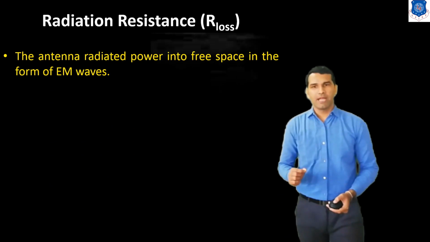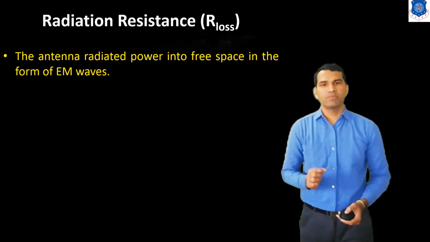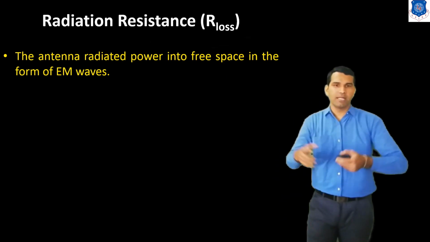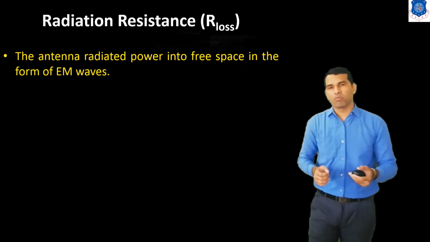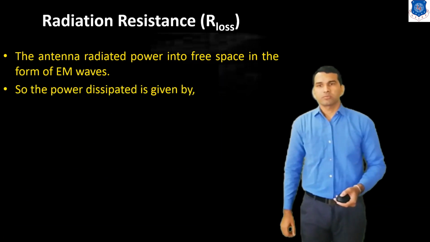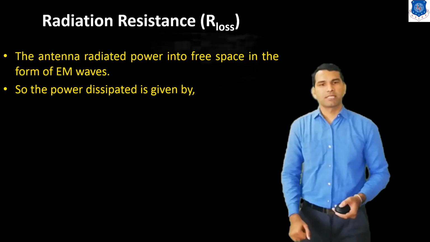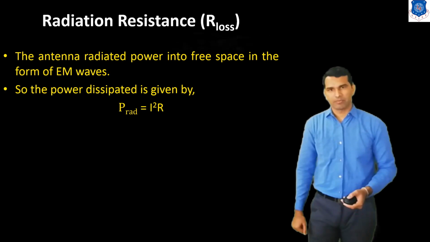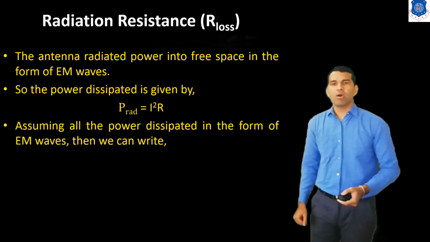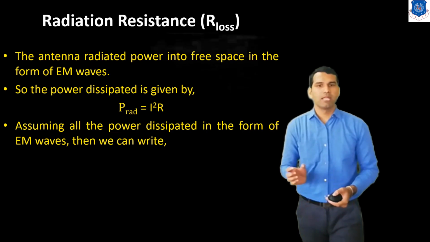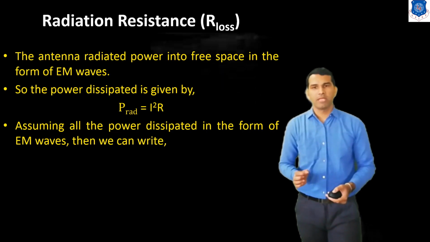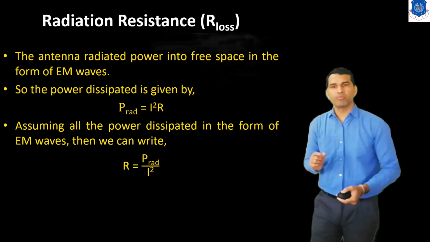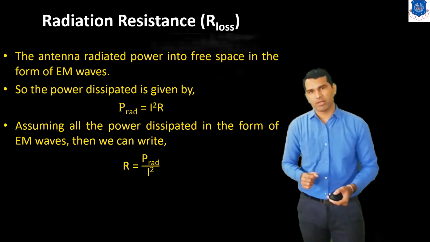The antenna radiates power into free space in the form of electromagnetic waves. We all know that the antenna radiates energy in the form of electromagnetic waves. So the power dissipated is given by P radiate equals I square R. Assuming all the power is dissipated in the form of electromagnetic wave, we can write R equals P radiate upon I square.